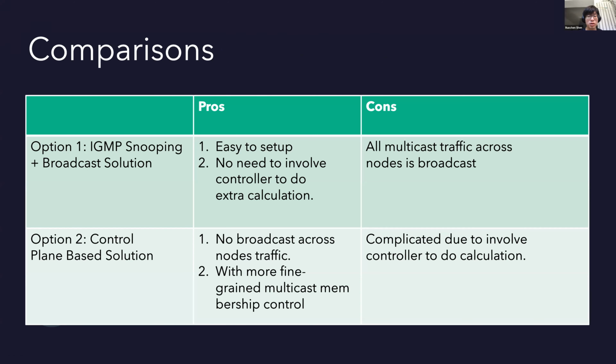However, it's not a true, quote unquote, multicast solution, because all multicast traffic across nodes is broadcast. The alternative solution is that we can utilize the controller to do some calculation first, and that will allow us to overcome the broadcast issue of the first solution.